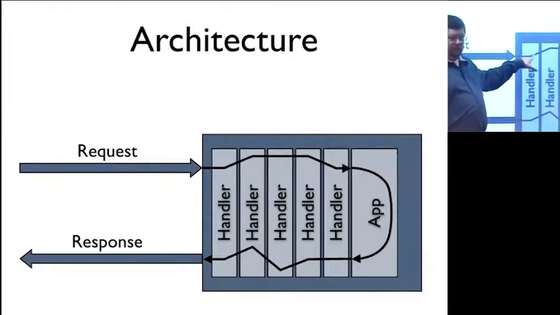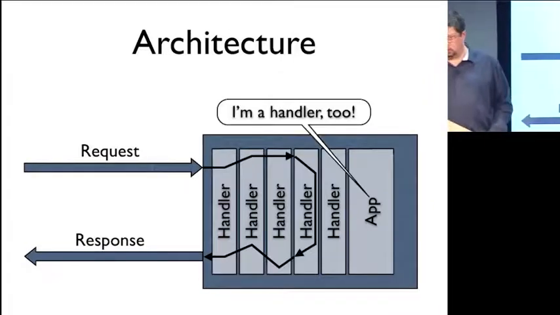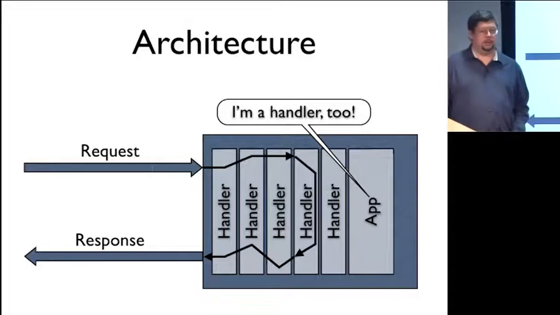It gets to do whatever it wants to do before everything else is called, and then it calls the next handler with the request, possibly changed, as its parameter, gets the response as the return value, and possibly changes it before returning it itself. The app part of this diagram made me promise that I would point out that it is really nothing but a handler as well.